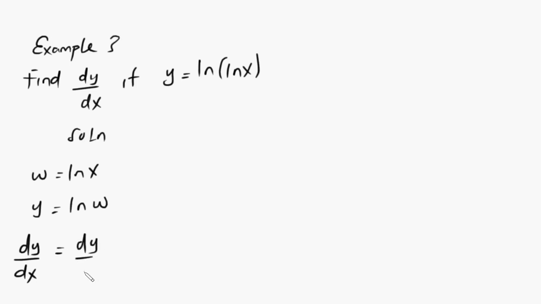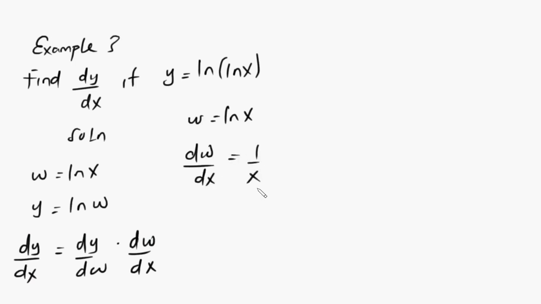This is dy/dw times dw/dx. From w equals ln x, I can get dw/dx, which is just 1 over x, as we derived. And from y equals ln w, I can easily get dy/dw, which is just equal to 1 over w, as we derived.